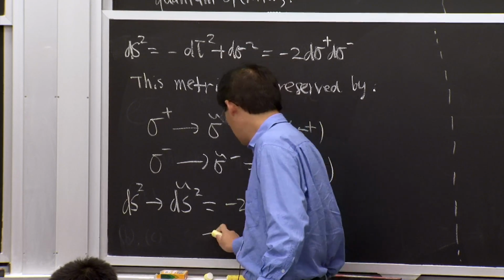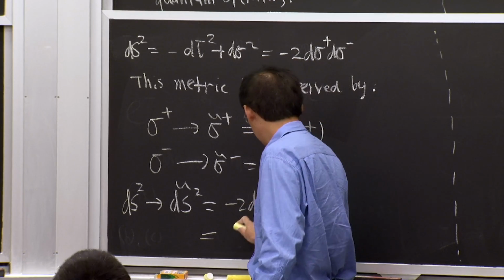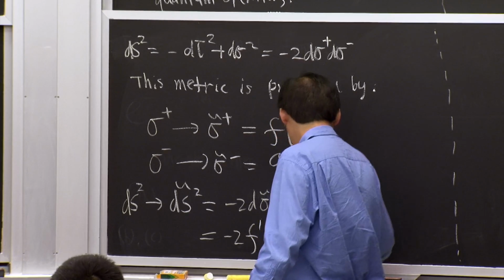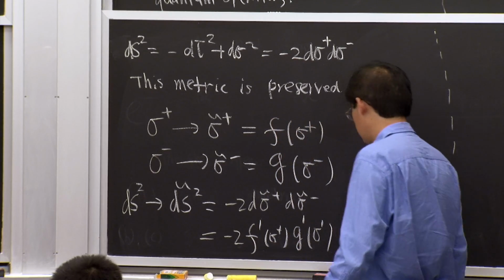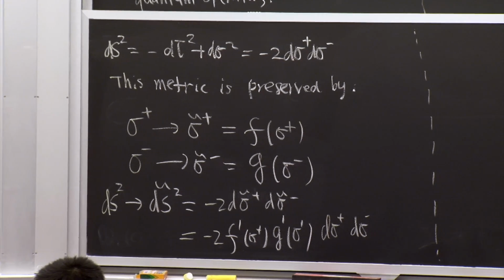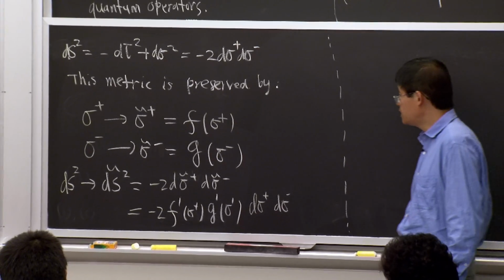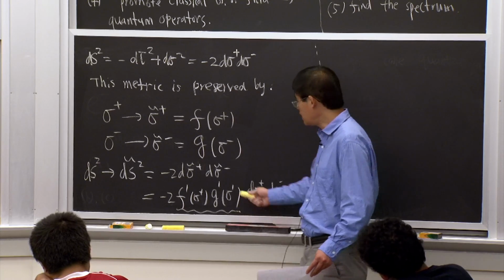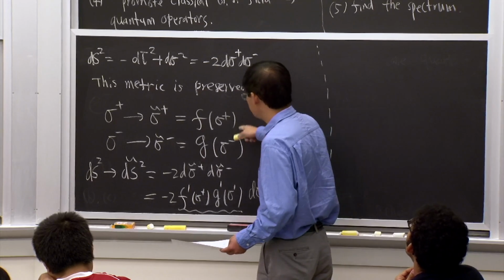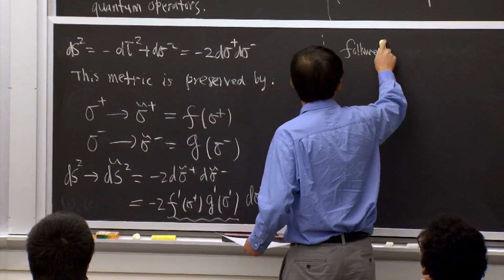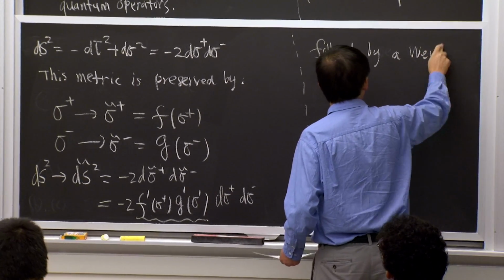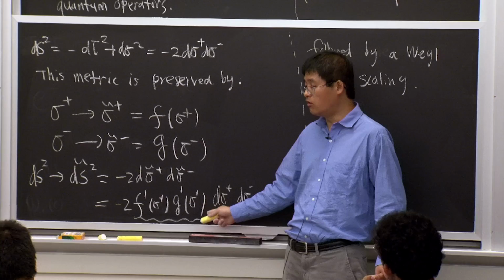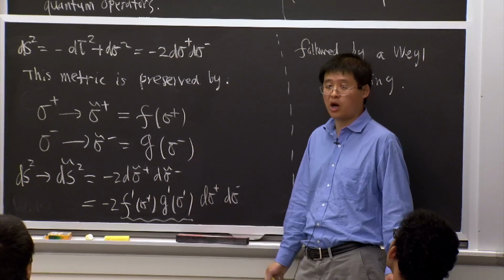You go to the new coordinates, say minus 2 dσ̃^+ dσ̃^-, and expressed in terms of the original coordinates, you get minus 2 f'(σ^+) g'(σ^-) dσ^+ dσ^-. So under this coordinate transformation, you only change your metric by an overall prefactor, and any overall prefactor you can get rid of by Weyl scaling.